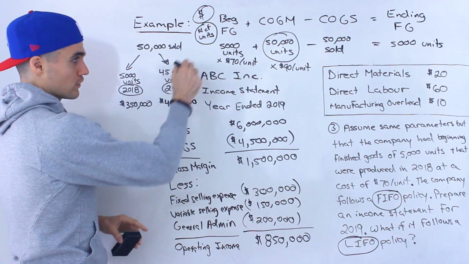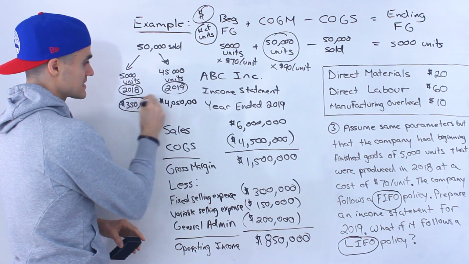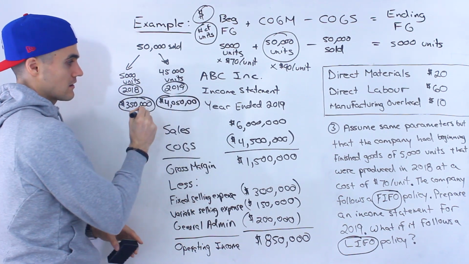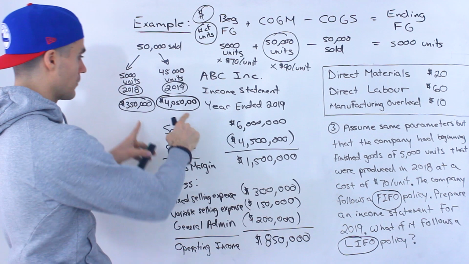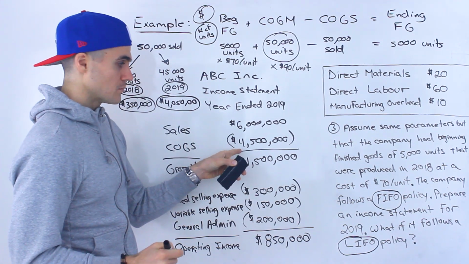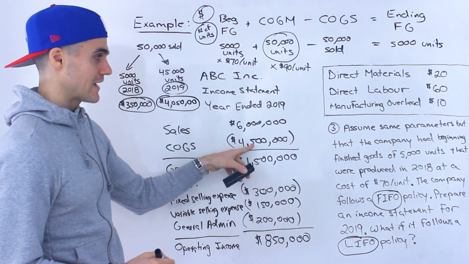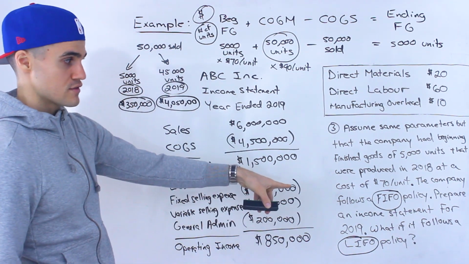Right, when we multiply 45,000 by the 90. And so the sum of this and this here is going to be the cost of goods sold. And when we sum these two numbers up, we would end up getting 4,400,000 instead of the 4.5 million. So that's what's going to change with the FIFO policy.